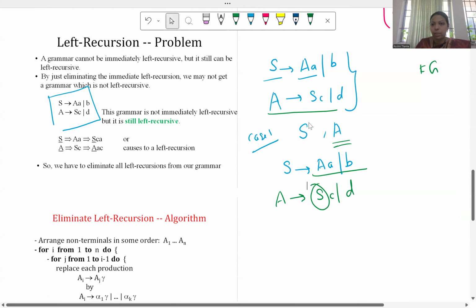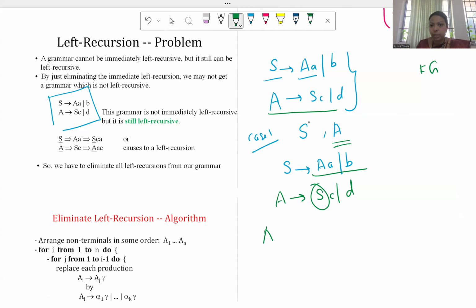So I'm going to rewrite A tends to, instead of this S, I'm going to write this. S can be two options. S can be A, and S can also be B. These things you have to write.